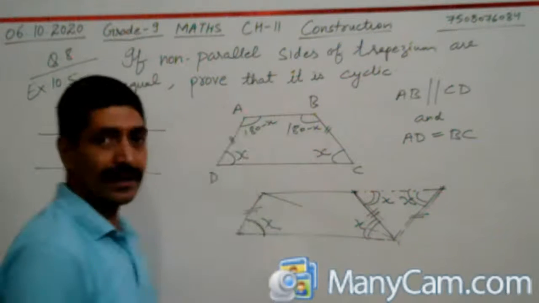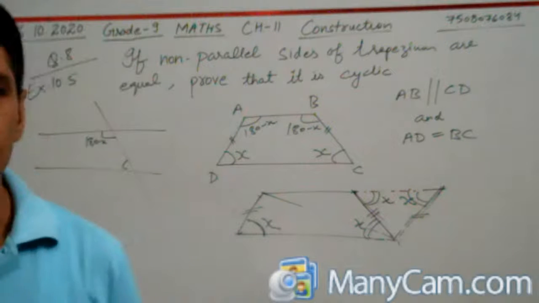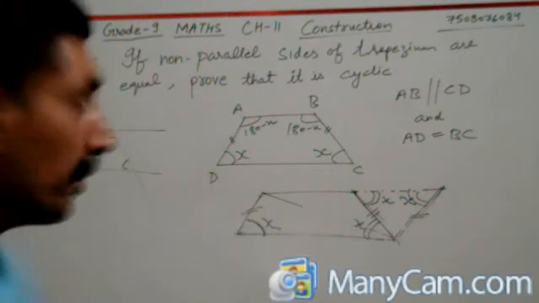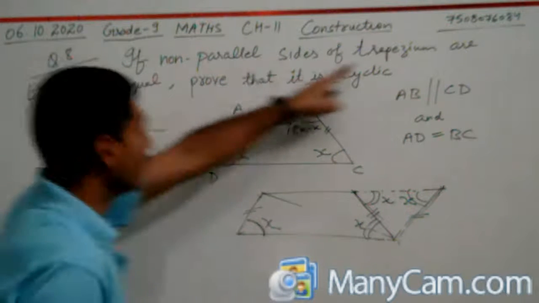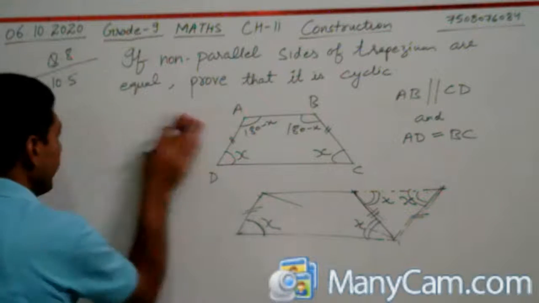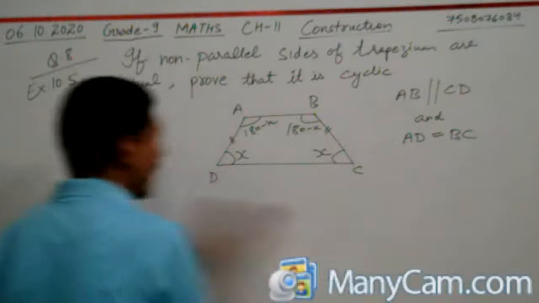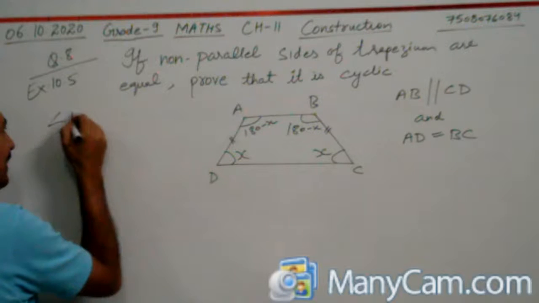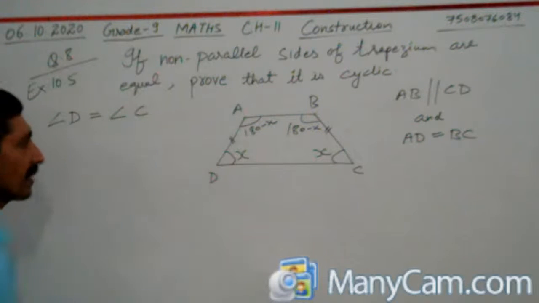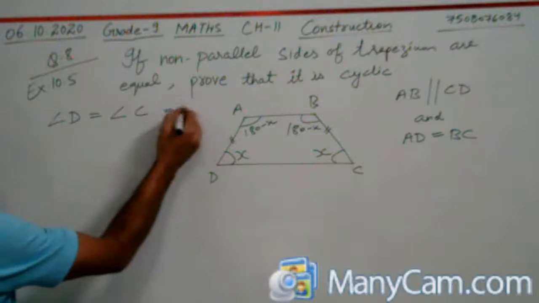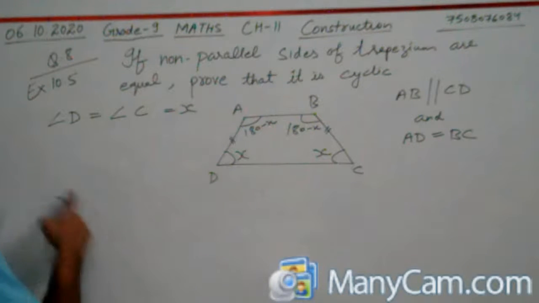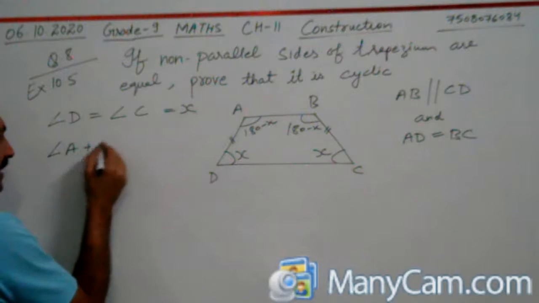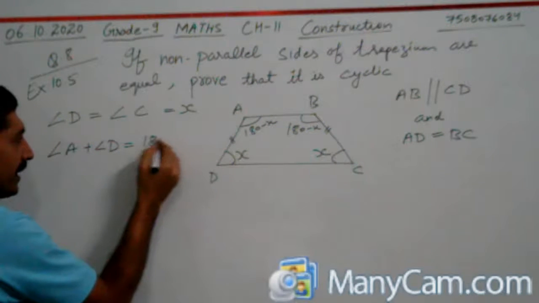Same, directly from our acquired knowledge, if we have a trapezium and the non-parallel sides are equal, then the base angles are equal. If we have the equals, we can write angle B is equal to angle C. Okay, let it be equal to x. And what is angle A plus angle D? 180.